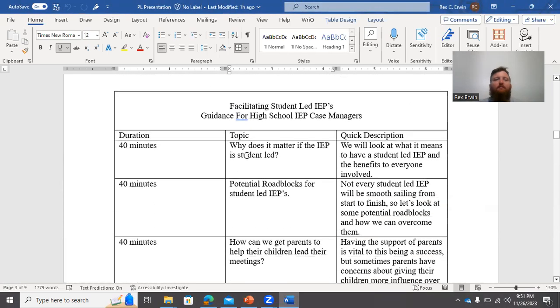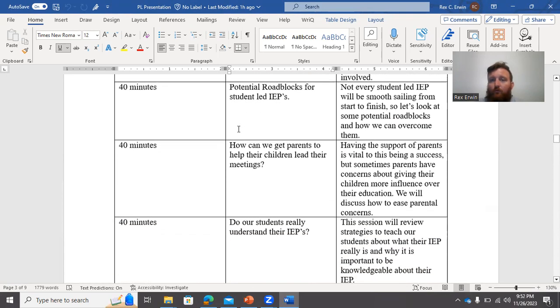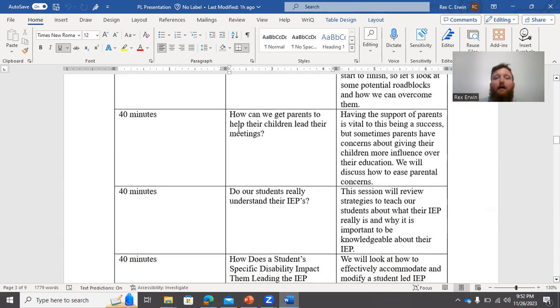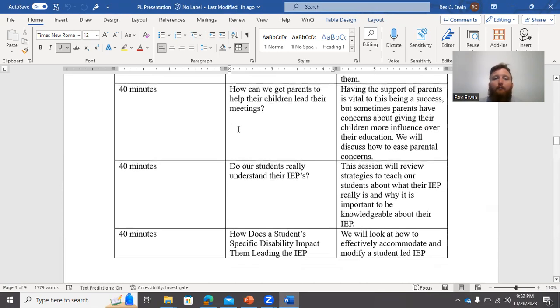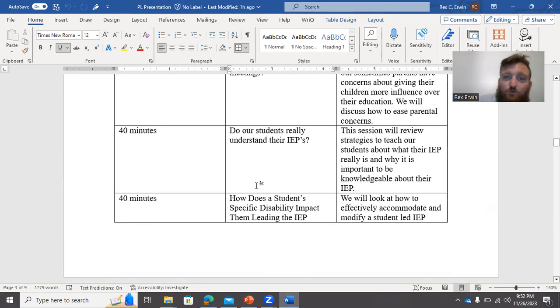Over the course of the 8 sessions, which would happen every other week, I want to talk about roadblocks. That would be the next one. What issues may occur in this process, like getting parents on board with letting their children lead the meetings who aren't 18? At least where I work, that's a big deal. Do students really understand their IEPs? Is it more than just the thing that gives me small group?